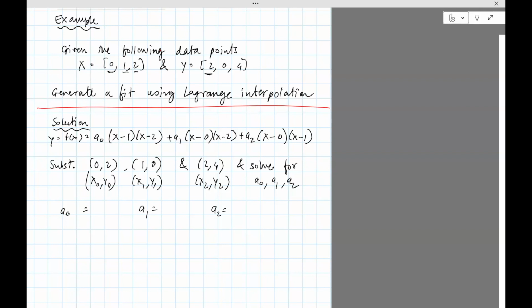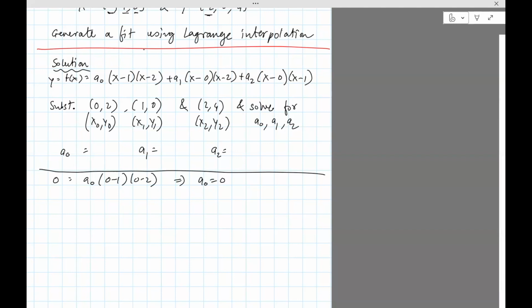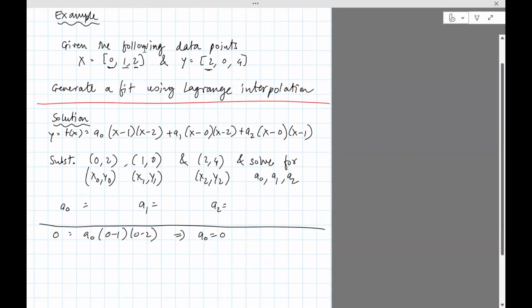Yeah, I got 2, 0, 2. Let's check. Okay, we can quickly check that. It's not a very hard problem, right? So let's put y equals 0, a0, 0 minus 1, 0 minus 2. This gives a0 is 0. Wait, I made a mistake. My bad.